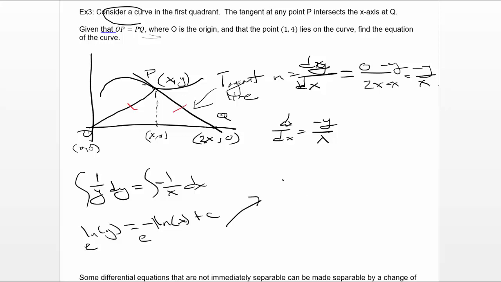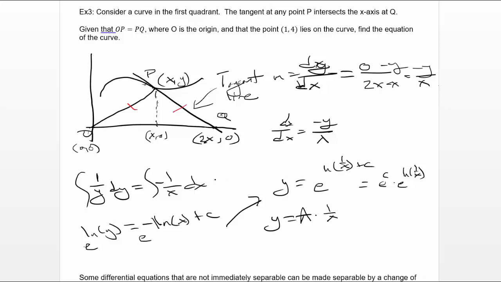And that gets me y is equal to e to the natural log of 1 over x plus c, which is e to the c times e to the natural log of 1 over x. Or using our notation from before, this is y equals a times 1 over x. This is the general solution.